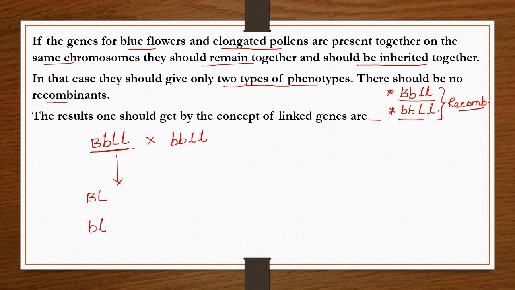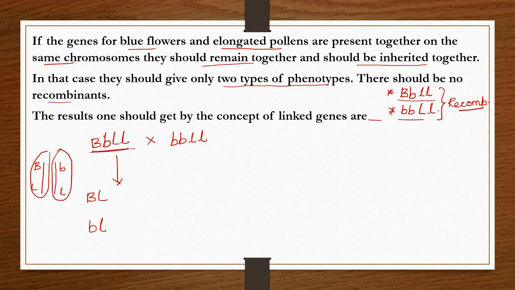So blue flowers and elongated pollen grains are present together on the same chromosome. Suppose one chromosome consists of capital B, capital L, and similarly, its paired chromosome consists of small b, small l. Now, during gamete formation, this goes to one gamete and this goes to another gamete.